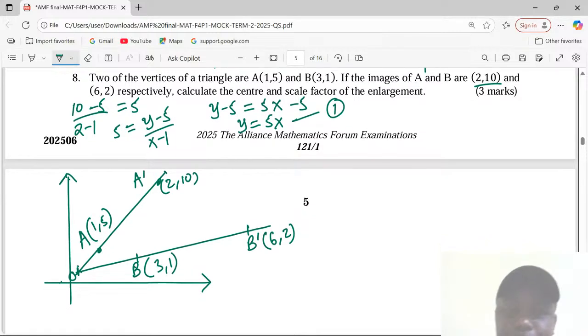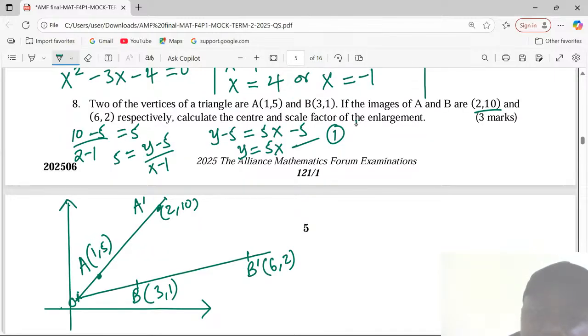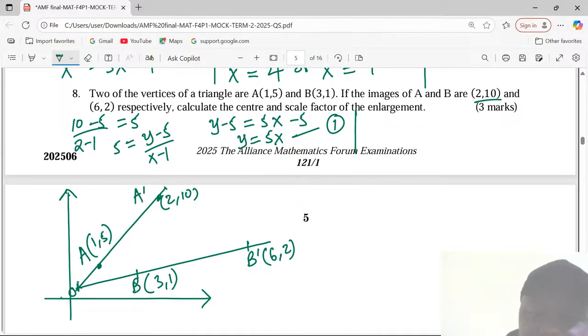Then the other equation is BB prime. The gradient shall be 2 minus 1 out of 6 minus 3. So I'm getting 1 over 3. A third is the gradient. This gradient can now be expressed.